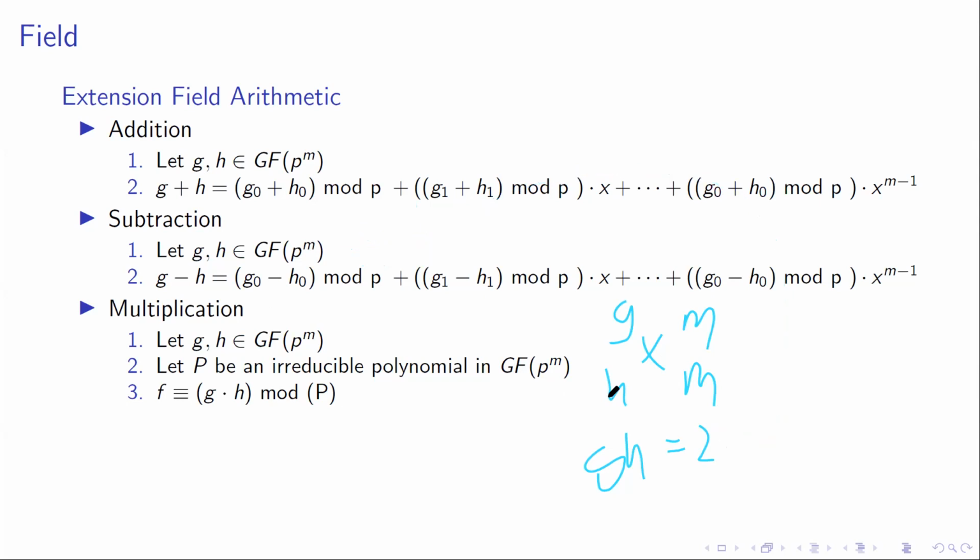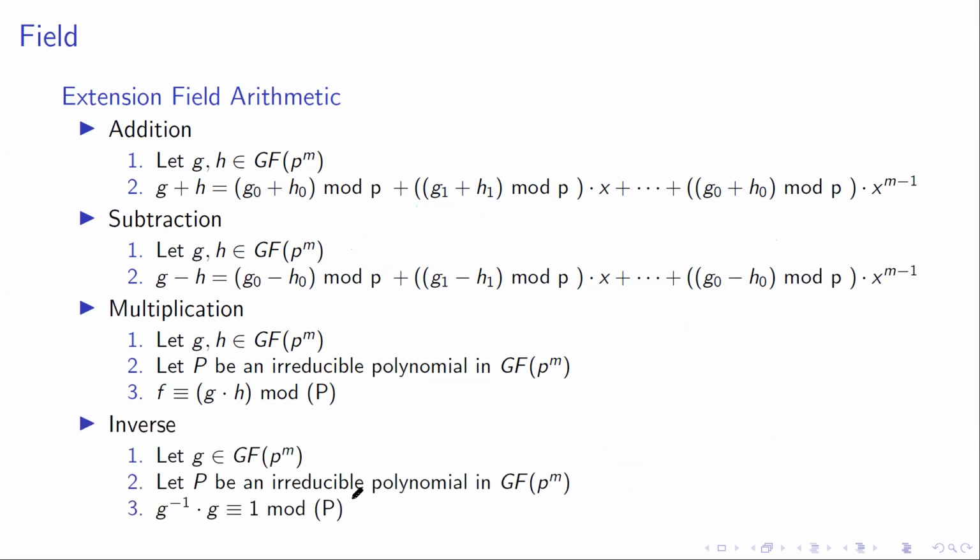The way to solve this is that we use a modulo operation, but now instead of modulo a number, we modulo a polynomial. And this polynomial, we call an irreducible polynomial. By using this, we can also find the inverse.